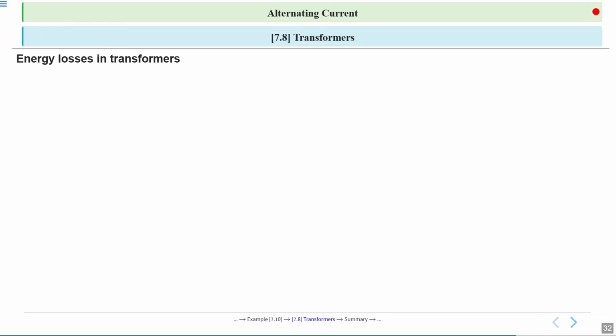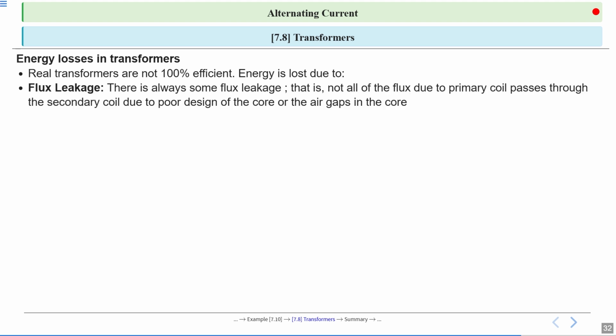Now, there are some energy losses in transformers. Real transformers are not 100% efficient. Energy is lost due to flux leakage. We have assumed that there is no flux leakage, but energy is lost in real transformers. There is always some flux leakage, that is, not all flux due to the primary coil passes through the secondary coil.